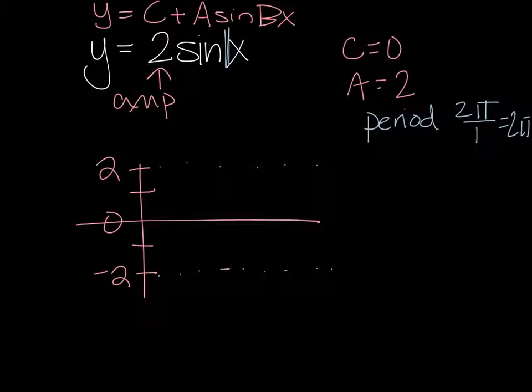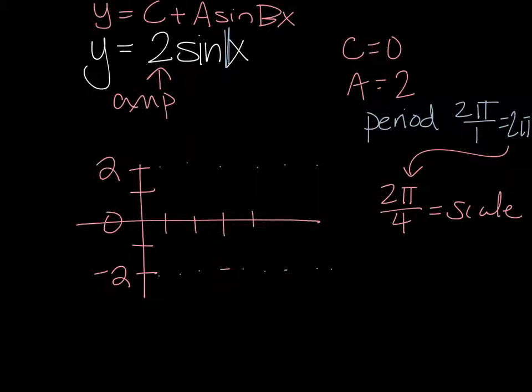Okay, so I know I'm going to start at 0 and I'm going to stop at 2 pi, but how do I know what to count to make my tick marks? Since we need 4 points every time for the 4 quadrants, we're always going to take our period and divide it by 4 to get our scale for the x-axis.